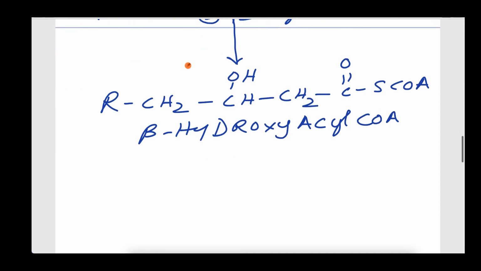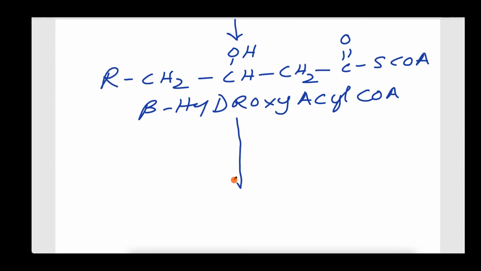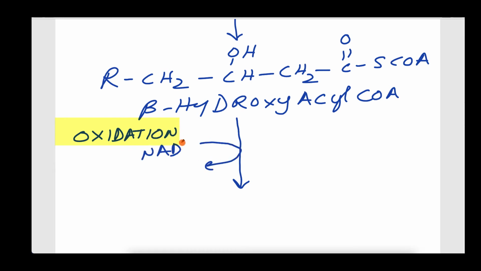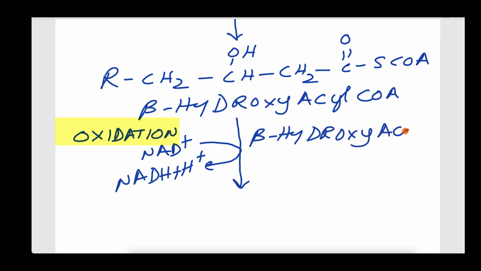Then let us come to the third reaction, again oxidation. Here the coenzyme NAD plus is converted to NADH plus H plus. What is that enzyme? Beta hydroxy acyl coenzyme A dehydrogenase.